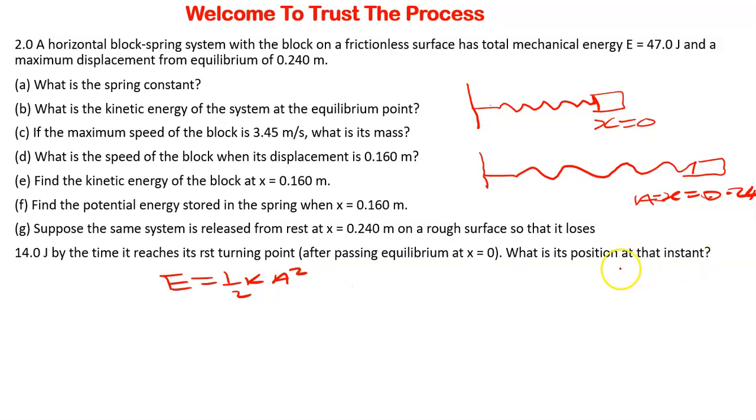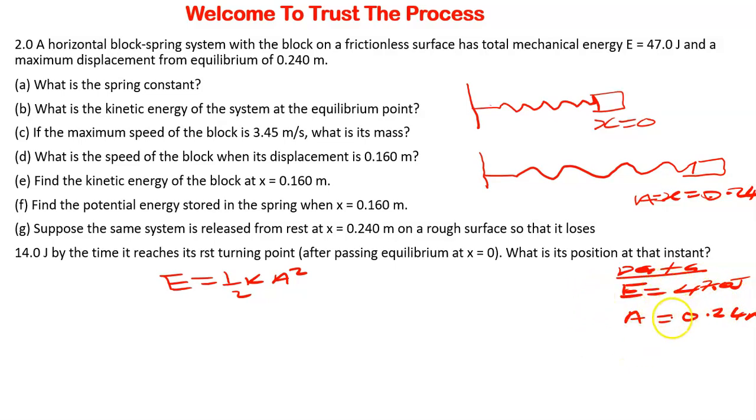According to the data we've been given, we have the total energy E, which is 47 joules, and the amplitude, which is 0.24 meters.